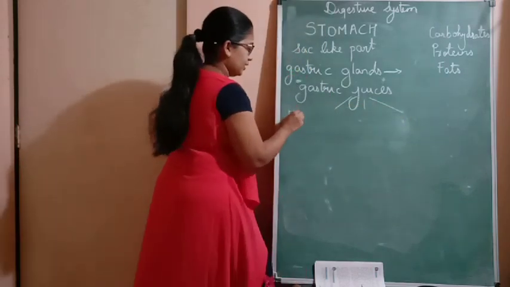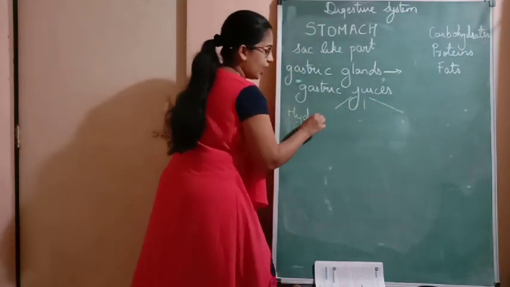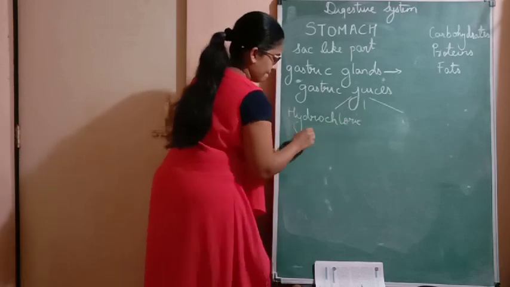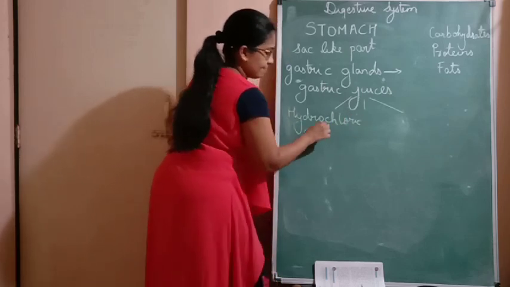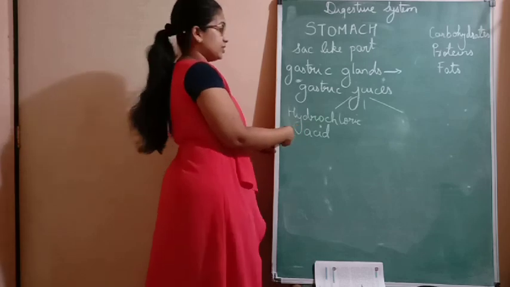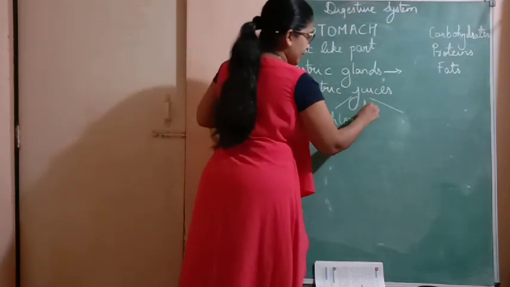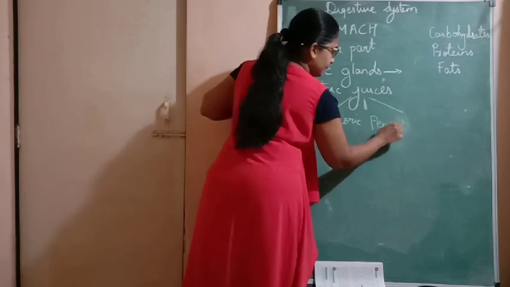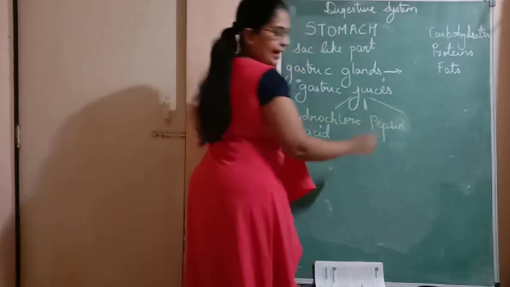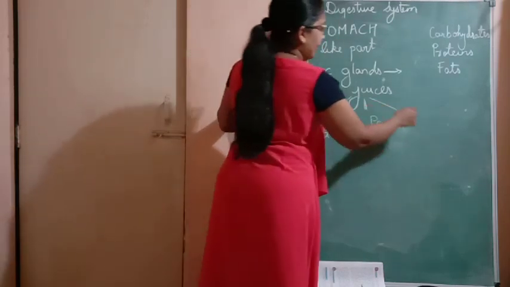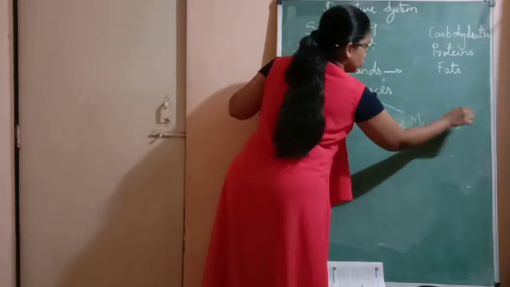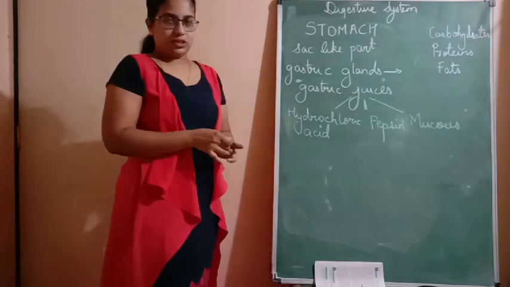The first one is hydrochloric acid. It's an acid present in the stomach. Then you have pepsin, which is an enzyme, and in the gastric juices you also have mucus.